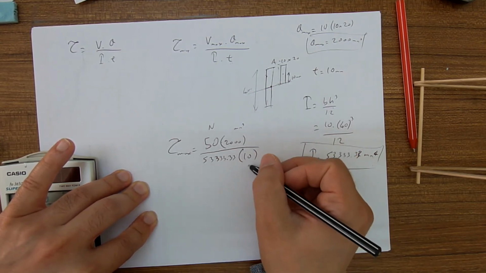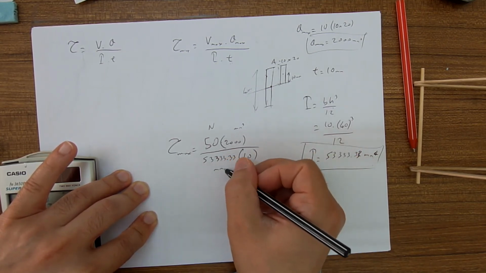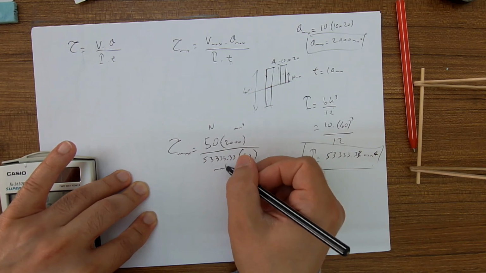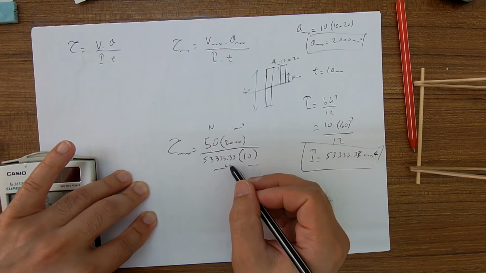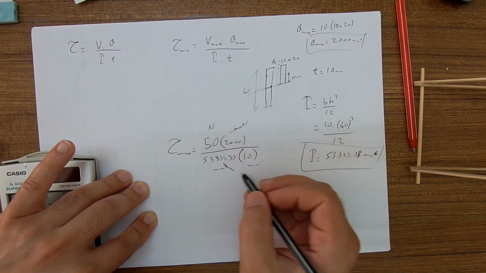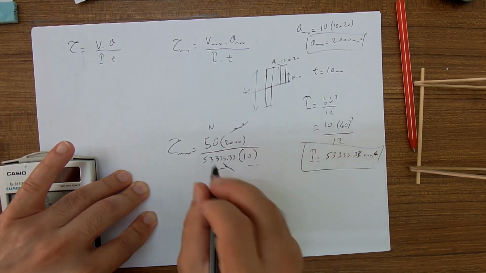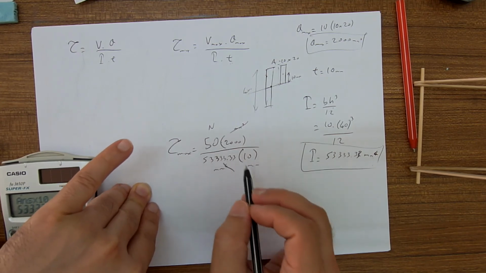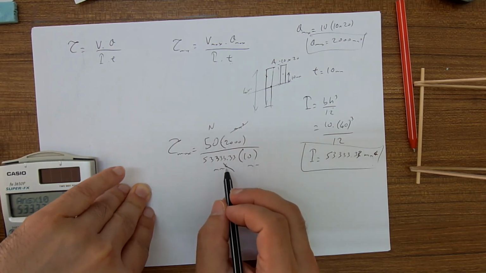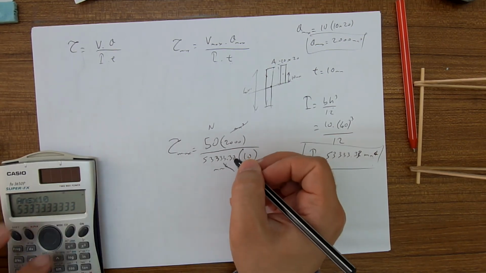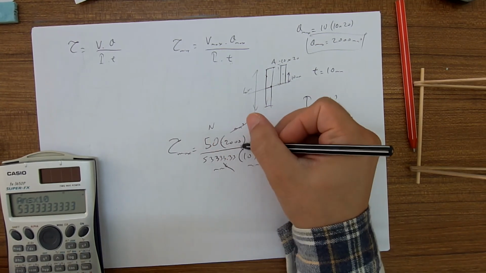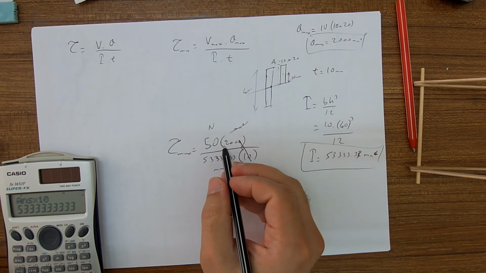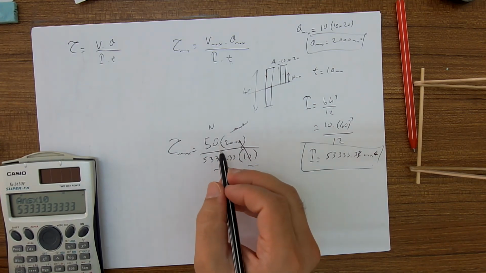So here we have millimeter cubed, here we have millimeter to the power 4, so this and this goes away. What we get is Newton over millimeter squared. Let's calculate this: 50 times 2000.